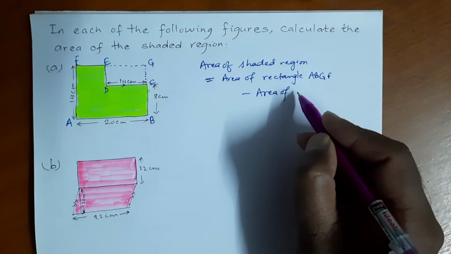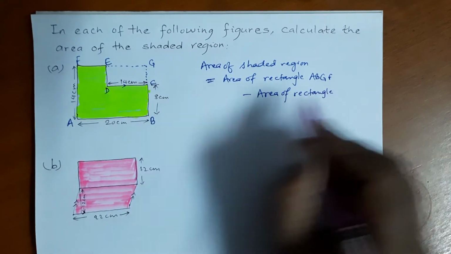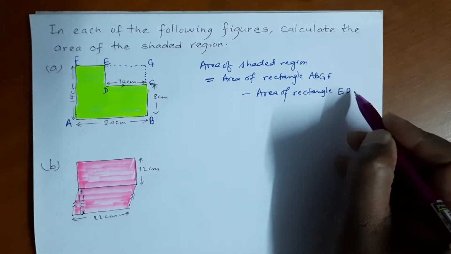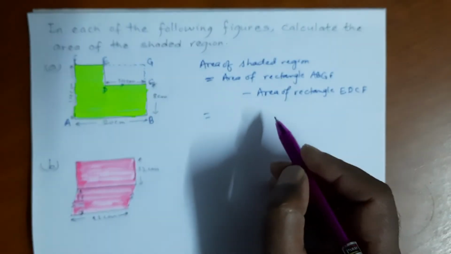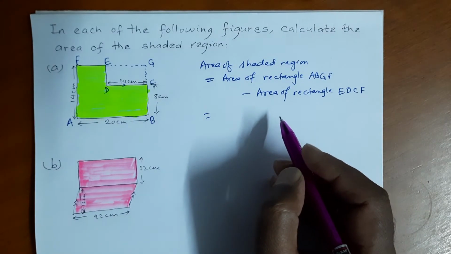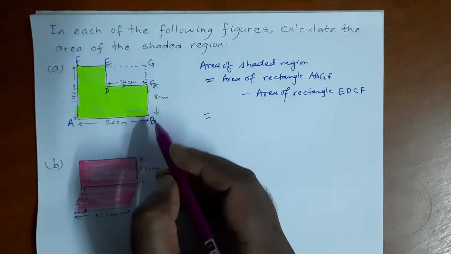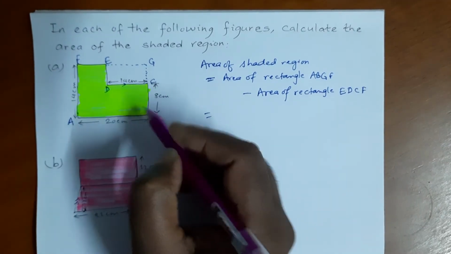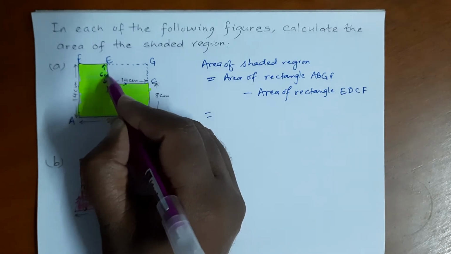Area of rectangle ABGF minus area of rectangle EDCF. Here this is 14 and this is 8. 14 minus 8, this part will be 6 centimeter.